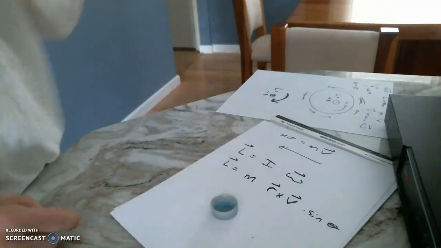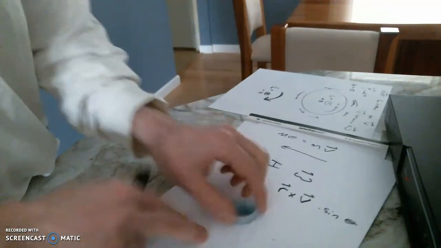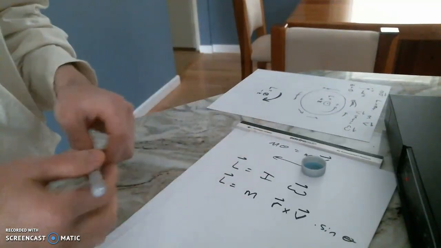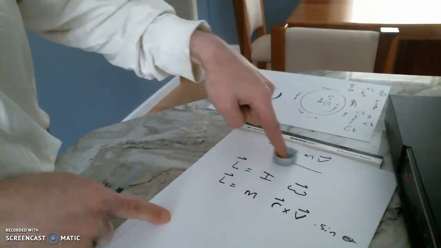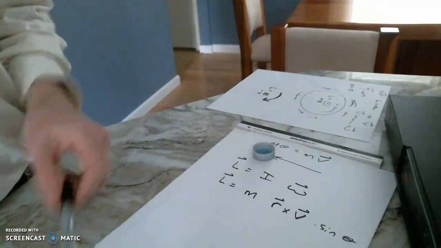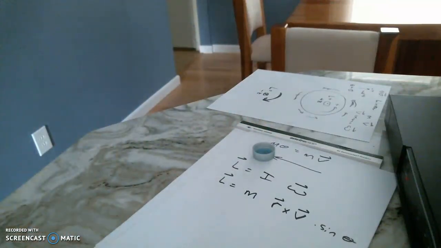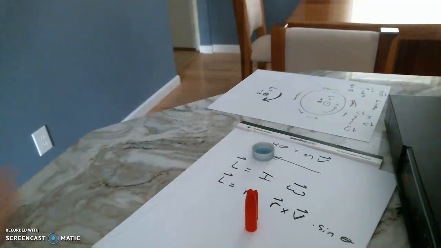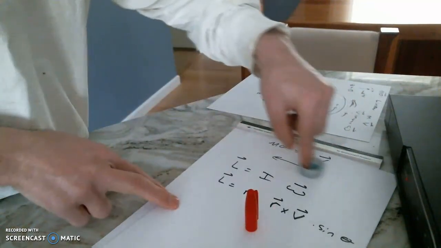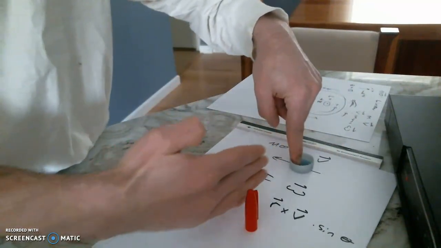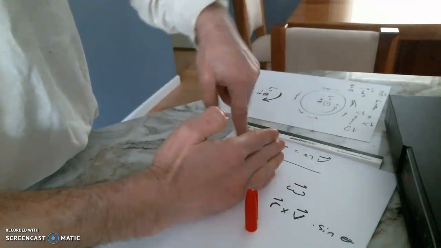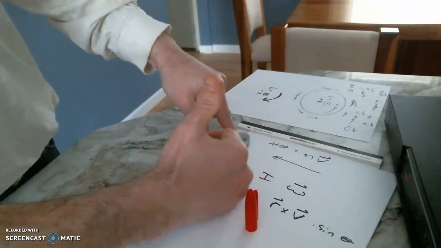So if this thing is moving linearly, like the car in the problem we talked about the other day, if this is a car, and I don't know, we'll say this red pen cap could be the flagpole at Turpin High School, right? And this car is moving that way. Well, the radius, the distance from the flagpole to the bottle cap is that. And if it's moving that way, then it has momentum upwards.